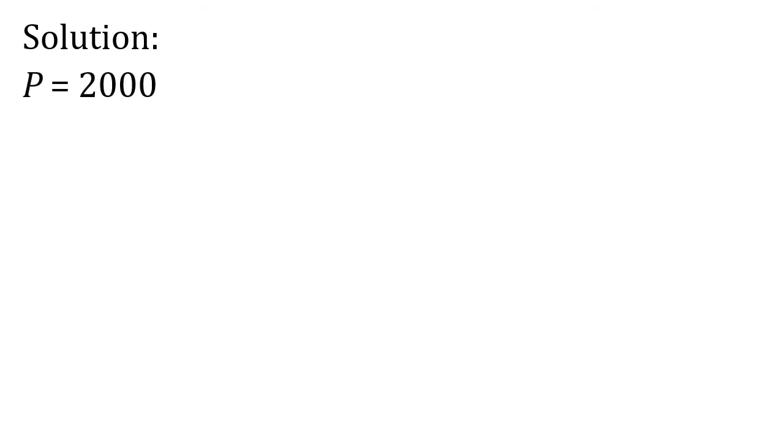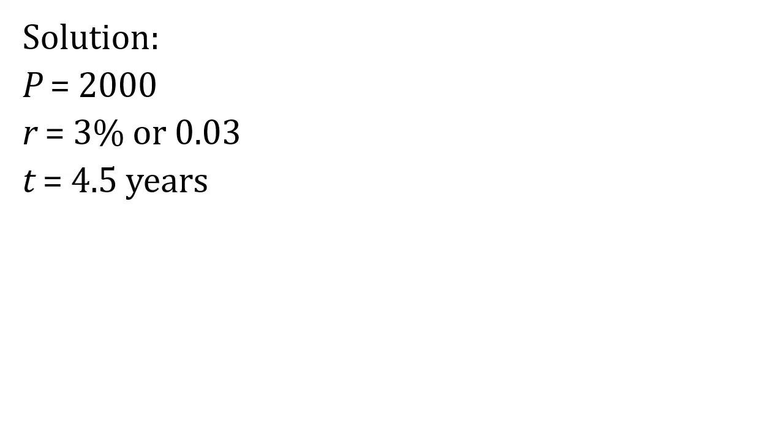So solution: the principal amount is 2,000, rate is 3% or 0.03, time is 4.5 years. Why 4.5? Because 4 years and 6 months. 6 months is half a year or 0.5. Or to get that, 6 divided by 12, that's 1 half or 0.5.